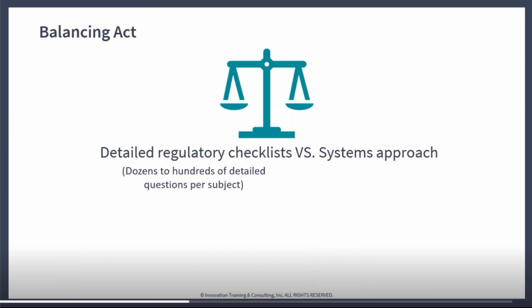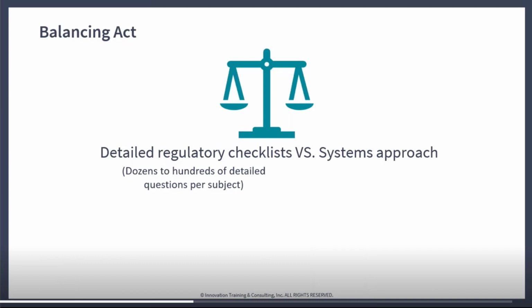So these checklists could be dozens of questions to hundreds of questions, and if you are not competent in the field, you probably wouldn't really understand the questions. And so I reinforce that this is part of the foundation of the management systems, to have that evaluation of compliance. And then as a systems auditor, we should leverage that information and go deeper into the system.